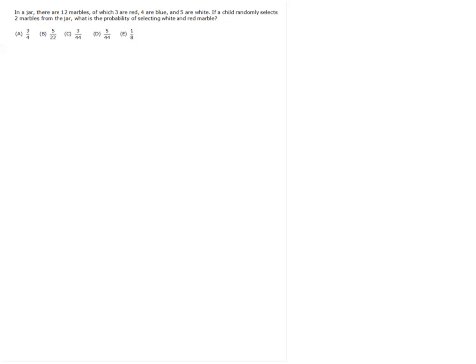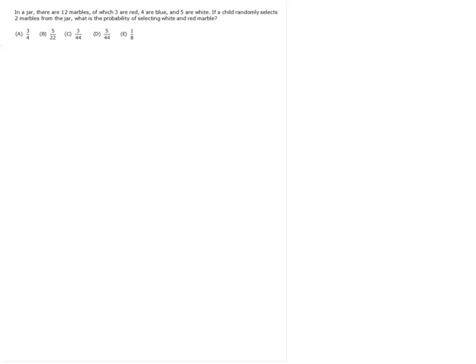So the first thing I'm going to do, I'm going to stay away from combos for the moment, and then I'm going to bring those back in after I do this just using a regular probability method. So a couple things to think about in any probability question, and this also dictates whether or not combinations or permutations can be used to solve it.